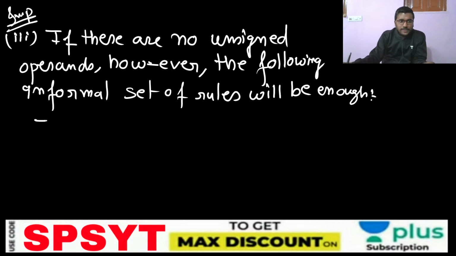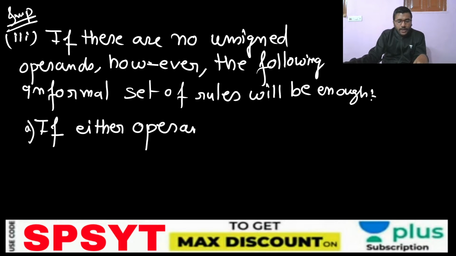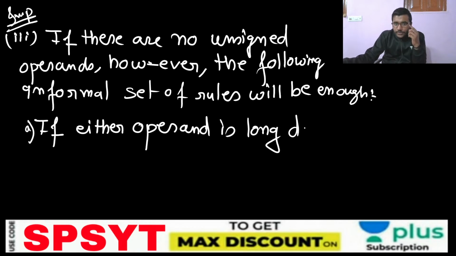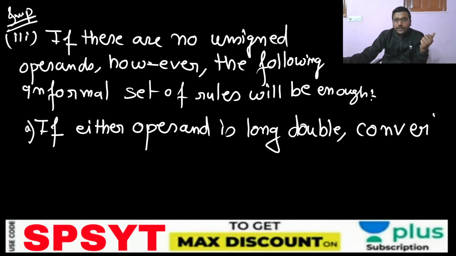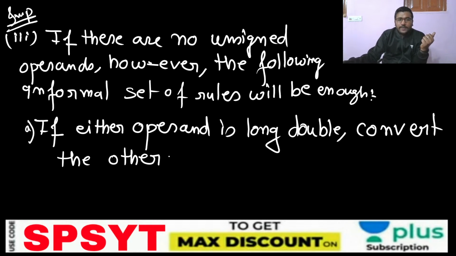The first rule: if either operand is long double, then convert the other operand to long double.